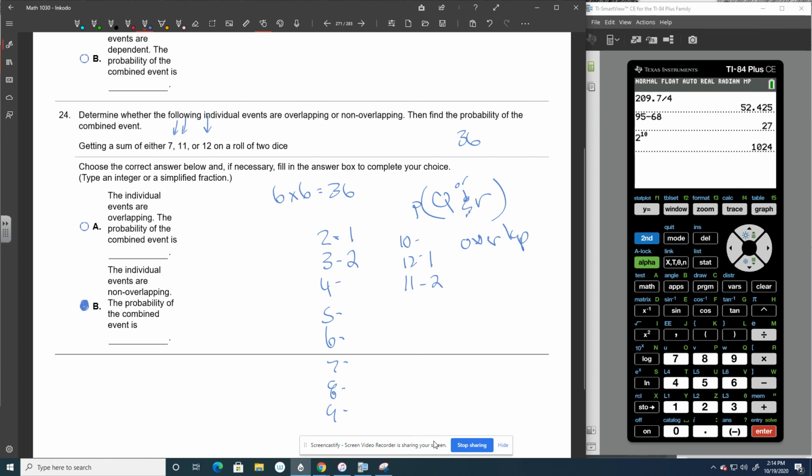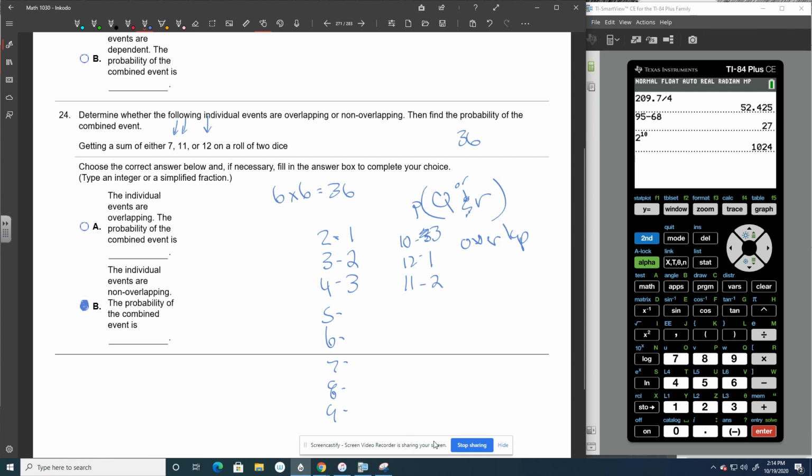So there's 2 different ways to get a 3 or an 11. Well, let's see. How many different ways to get a 10? You can get a 4 and a 6 or a 6 and a 4, or you can get a 5 and a 5. So there's 3 different ways to get a 10. There's also 3 different ways to get a 4, because you could get a 1 and a 3, a 3 and a 1, or a 2 and a 2.